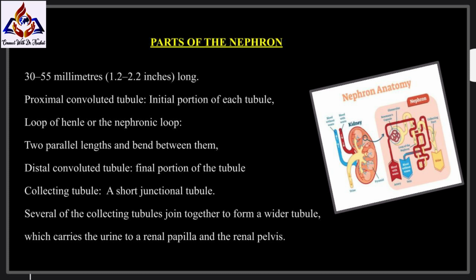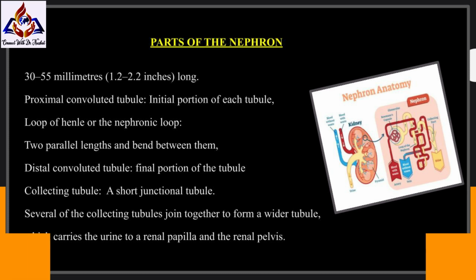Among different animal species, the length of the loop varies considerably and affects the ability of the species to concentrate urine above the osmotic concentration of plasma.